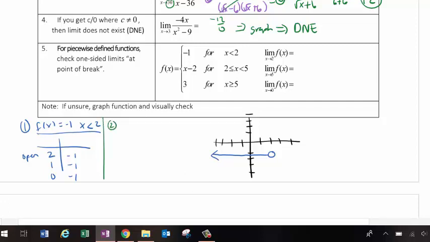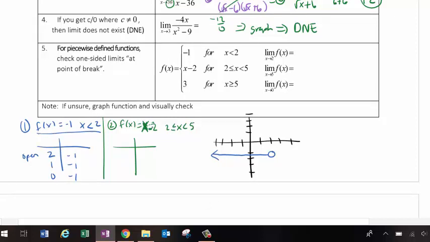Going to my second piece, my function is equal to x minus 2, including 2 up to 5. So this is a linear line. So we should know what the graph looks like, but we always need to do our boundaries. When we plug in 2, we get 2 minus 2, which is 0.